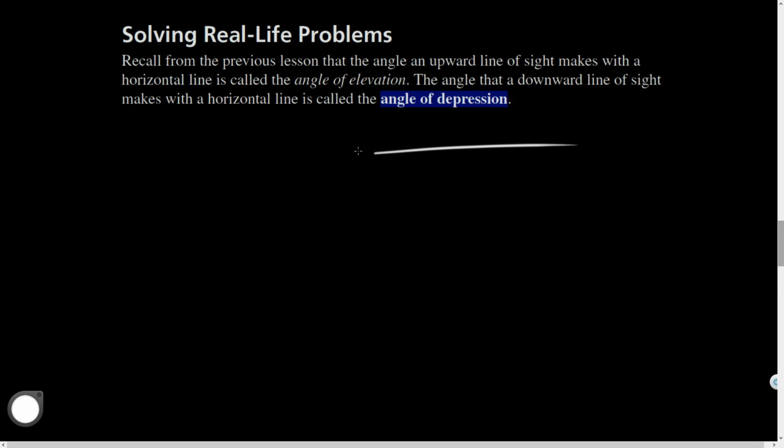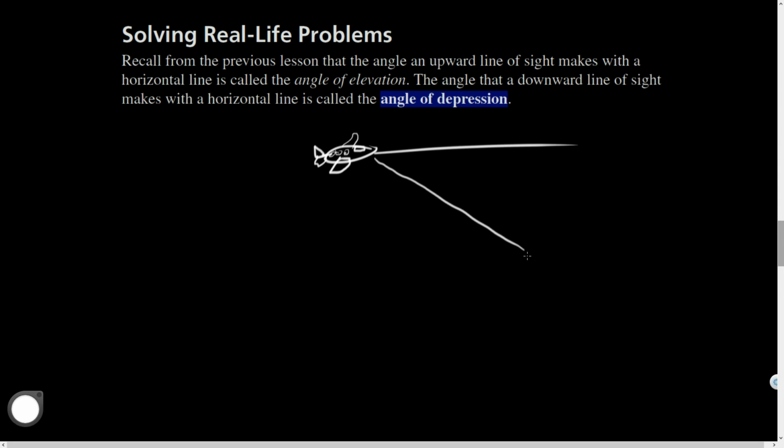So imagine you're like a cool airplane or something. Alright, here's my cool airplane. It says the angle that a downward line of sight makes with a horizontal is called the angle of depression.